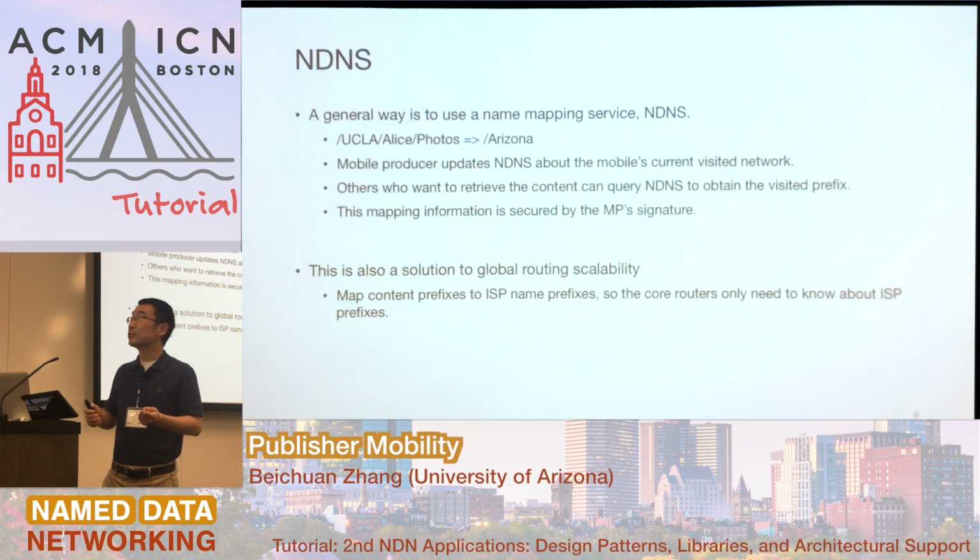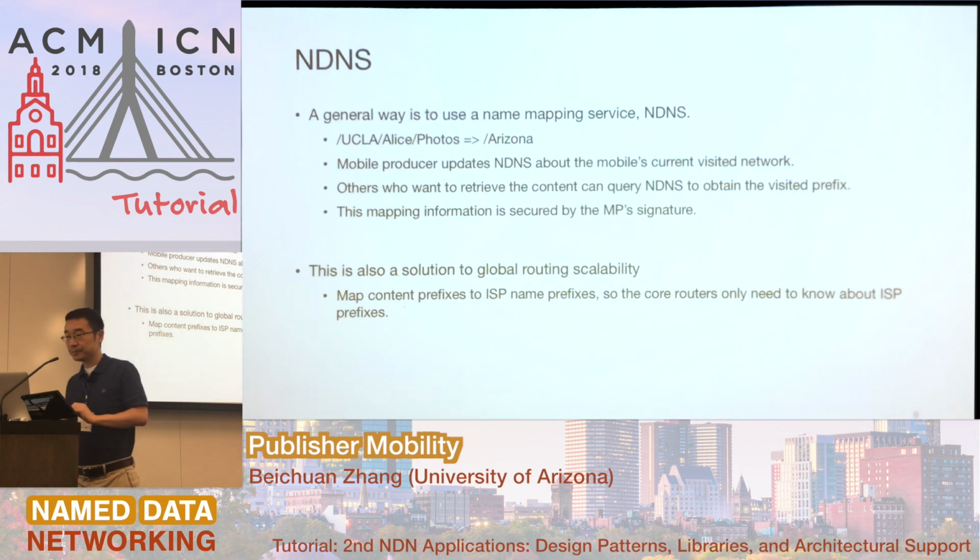Our solution is to have a generic name lookup or mapping system called NDNS. NDNS is similar to DNS, but it's not mapping from name to address, but mapping between two namespaces. The mobile will update NDNS and say, here is my name prefix, and here is the prefix of my visited network.